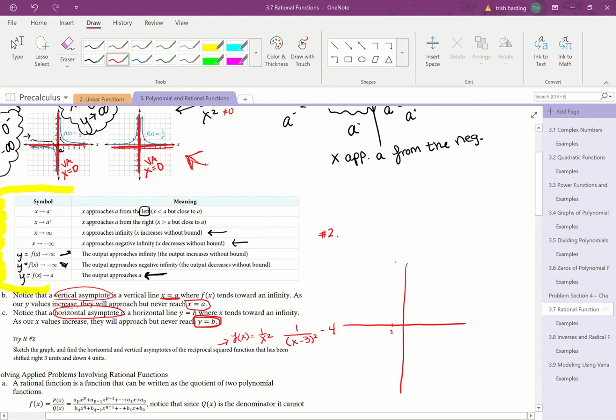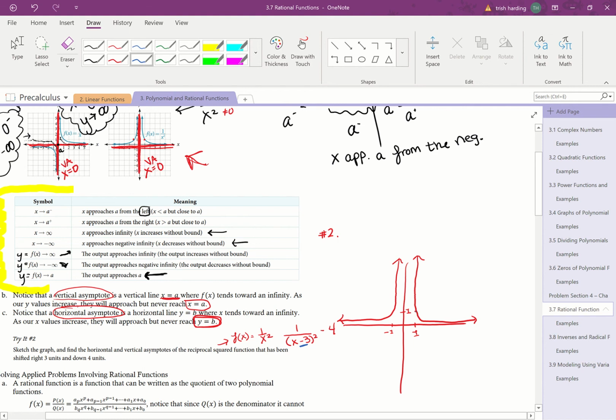So this is what we have. And of course, that's a very crude drawing. It can be difficult to draw these things. Now, I am going to take the minus 3 first, so I'm going to shift that right 3 units.